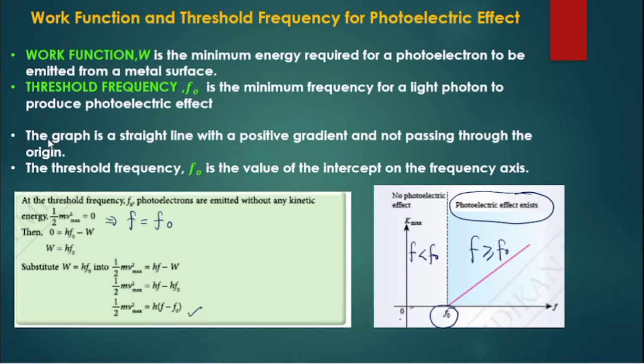Let's look at the graph here. The graph of K max against frequency. The graph is a straight line with a positive gradient and not passing through the origin. As you can see here, the value of K max increases when frequency is equal or greater than f0.